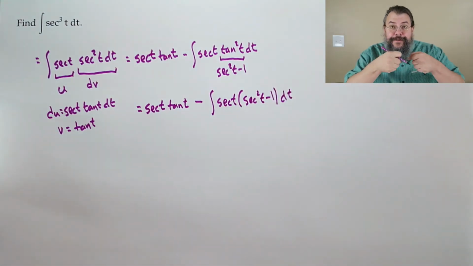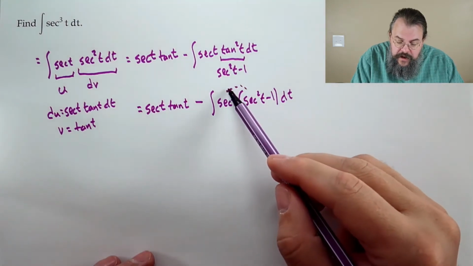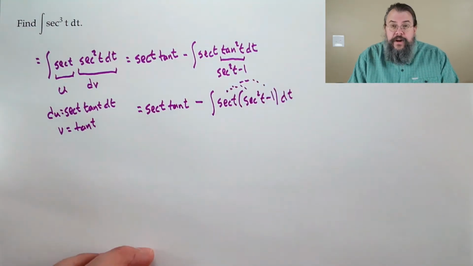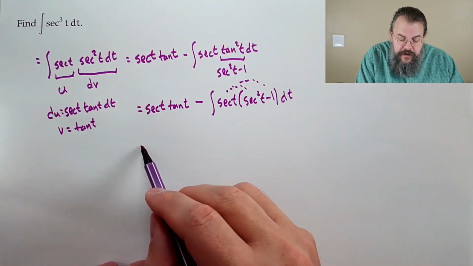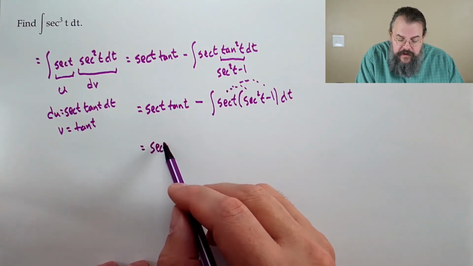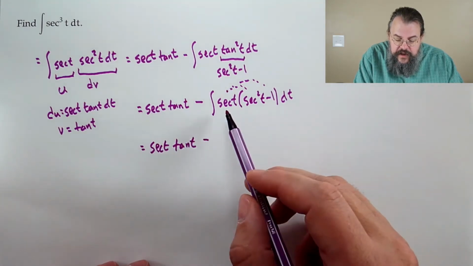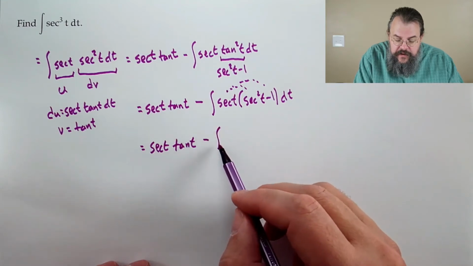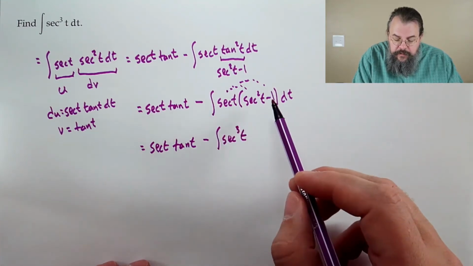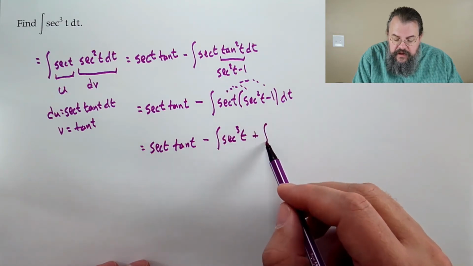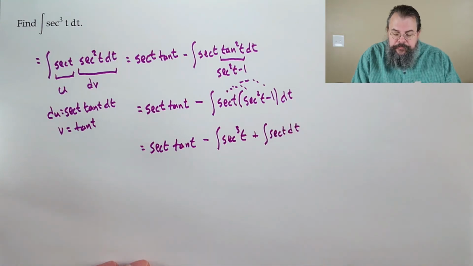All right, let's expand. Well, what does that mean? It means distribute here, and then use the fact that integration we can break up over addition and subtraction. So we get, look, this is the same as secant t tangent of t, minus secant t times secant squared gives us a secant cubed t, and then minus makes a plus, integral of secant t dt.